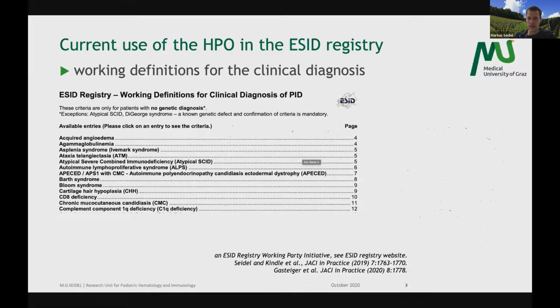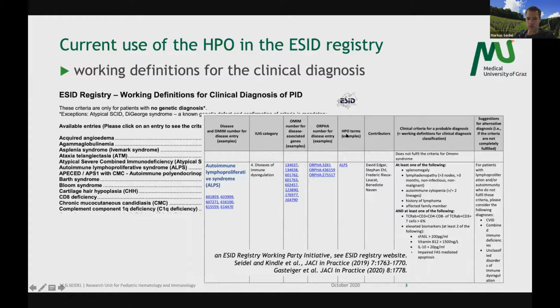If you, for example, look up autoimmune lymphoproliferative syndrome, you would get to this page and find OMIM disease codes here, the IUIS category, the OMIM gene code, the ORPHA disease code, and most importantly, the clinical criteria for a probable diagnosis, or what we call the working definitions, that have been established by many experts of the individual diseases and that have been peer-reviewed by other experts.